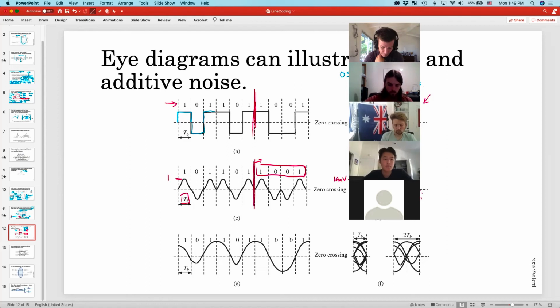Now, what would a bit that lasted too short in a channel look like? Well, if this was TB, if this is my scope screen, then a bit that was too short would cross there instead of there.